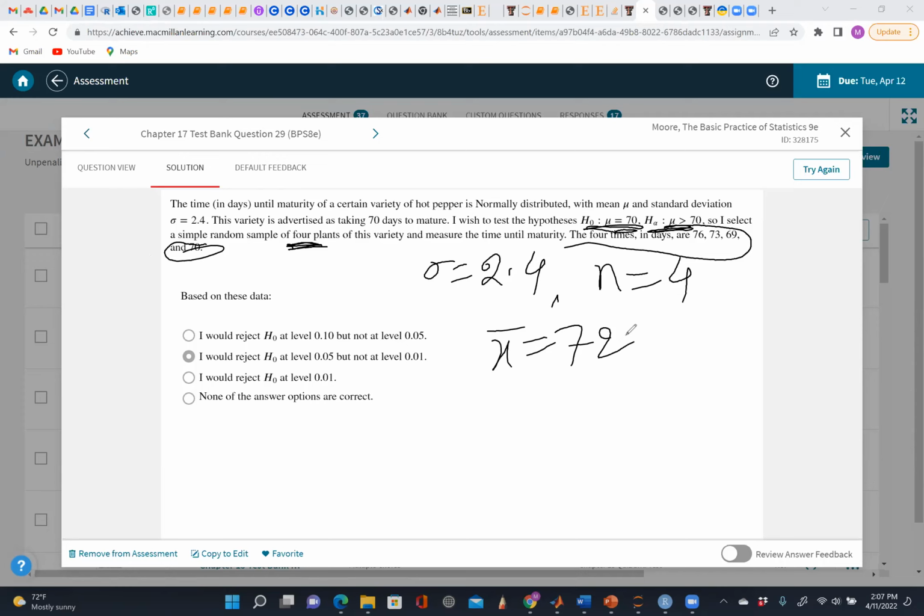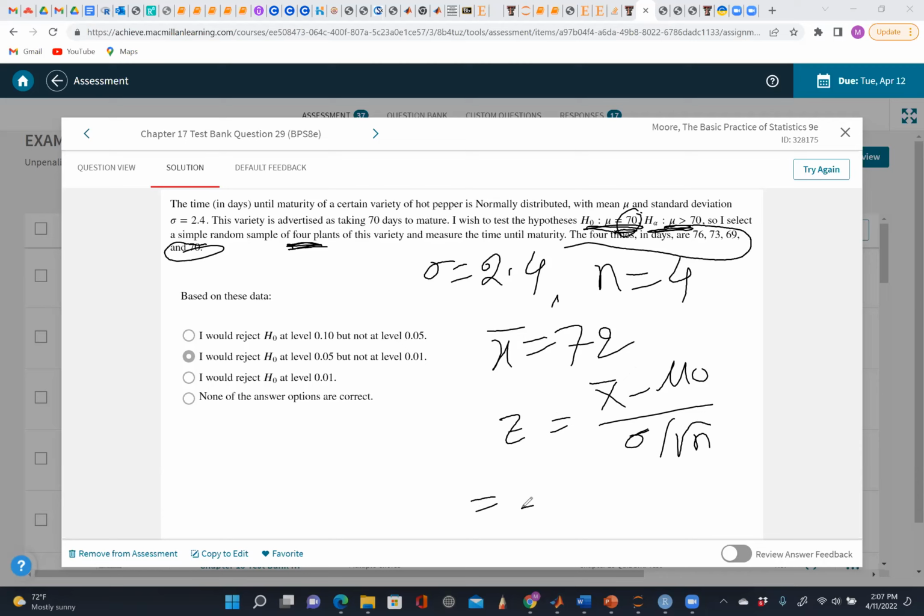Now we need to calculate the test statistic, and we also need to calculate the p-value. The test statistic is X bar minus mu 0, where mu 0 is 70 here, over sigma over the square root of n.